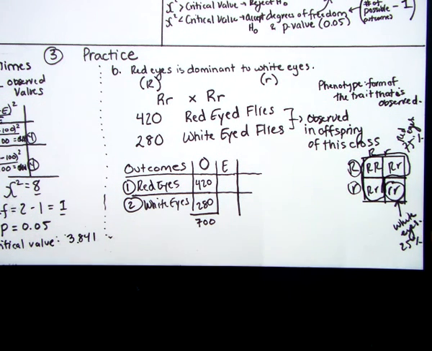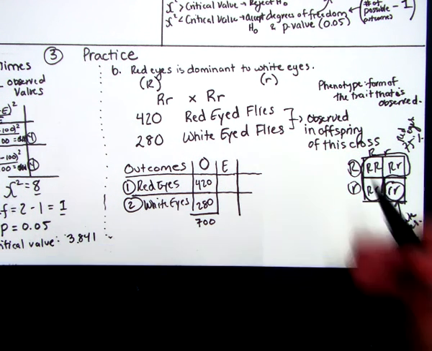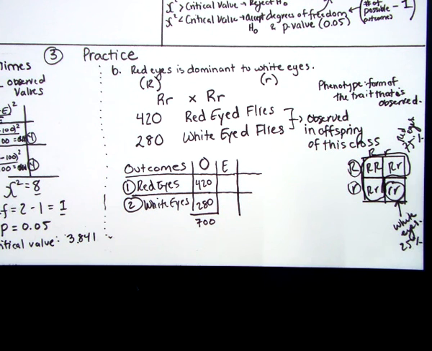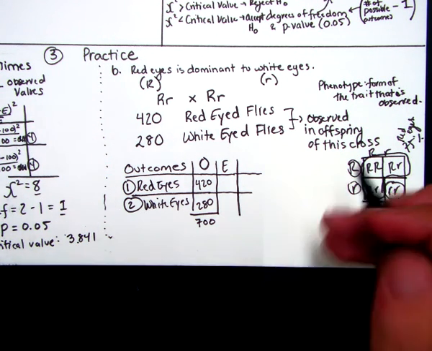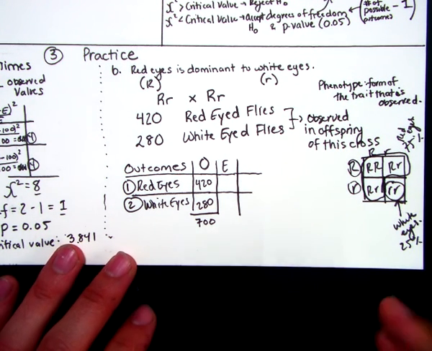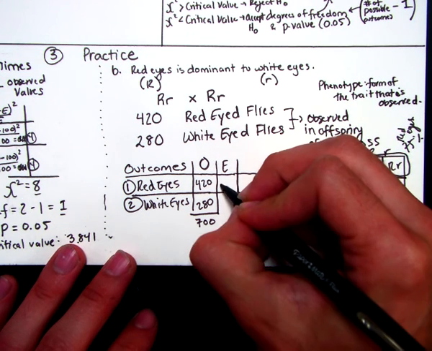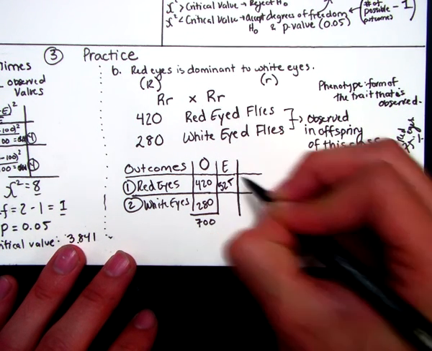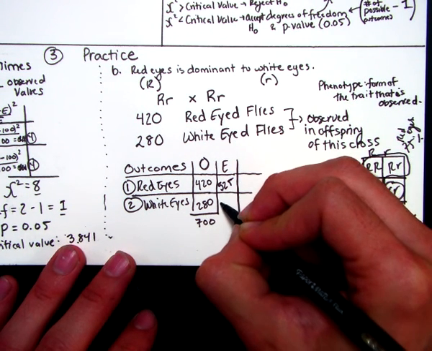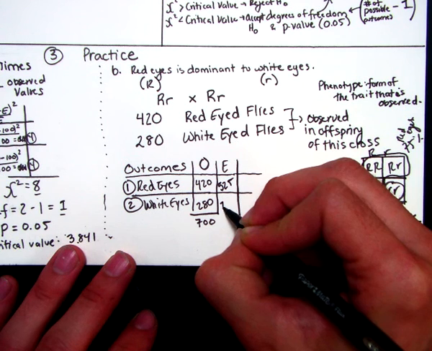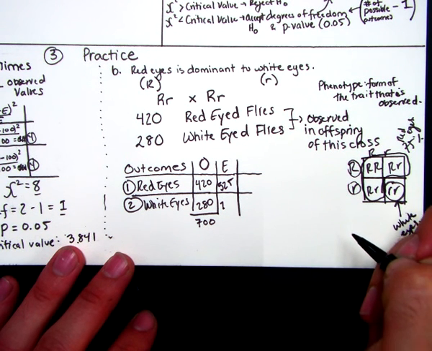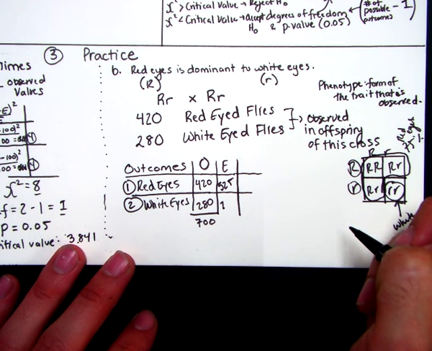So 700 times 75%, what is that? 525, right? And then, the other one. 175.